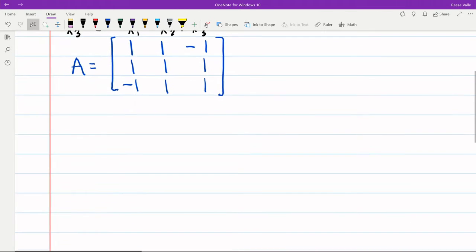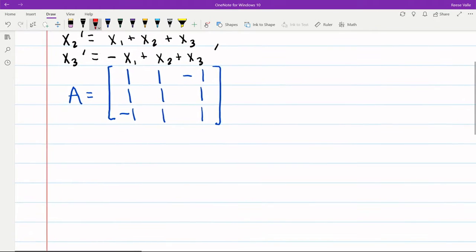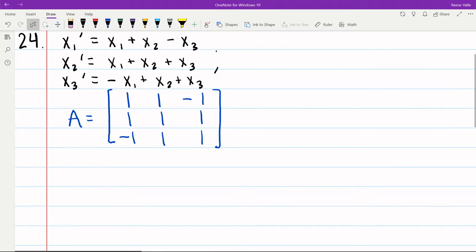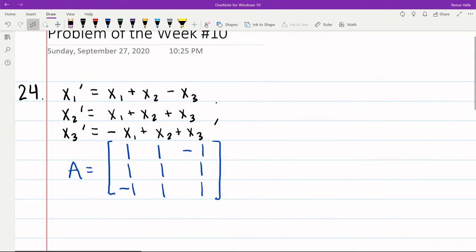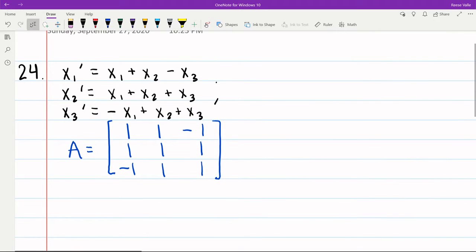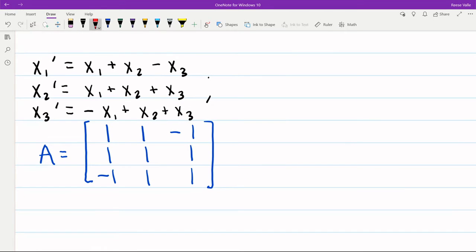So from here, first of all, it asks to find x1, x2, and x3, basically. And to do that, you have to find the eigenvalues and the eigenvectors, and you're basically going to use this equation to find it.